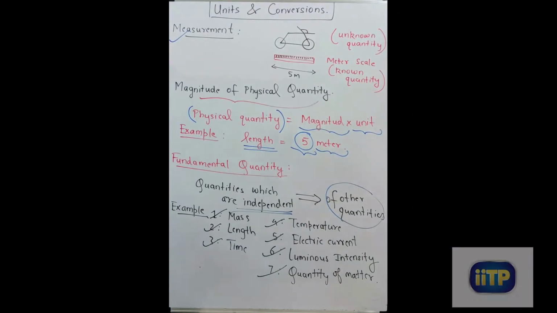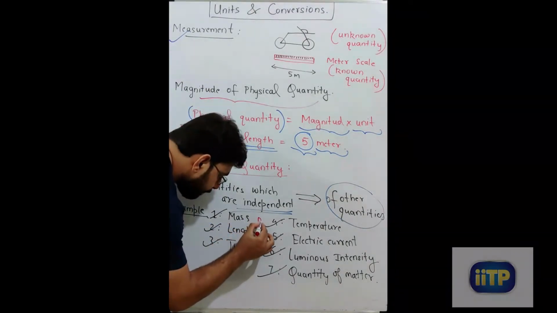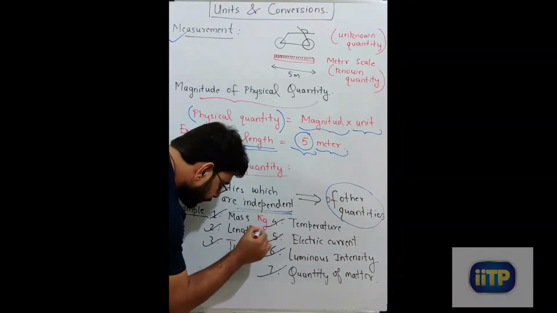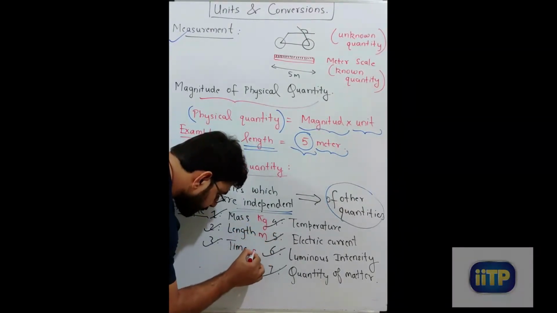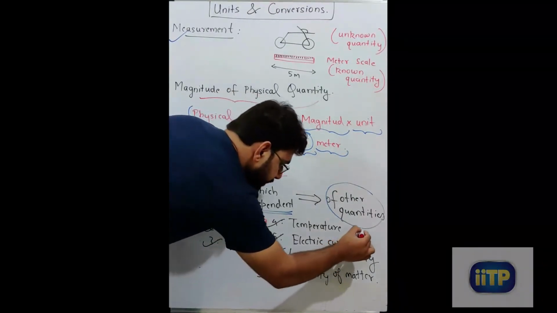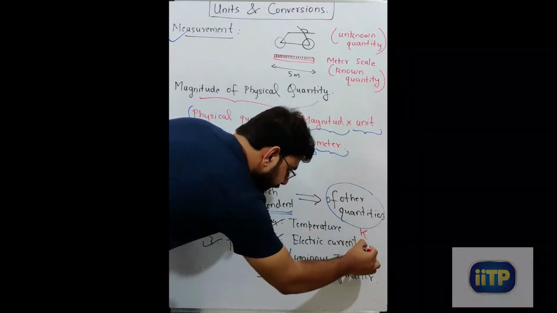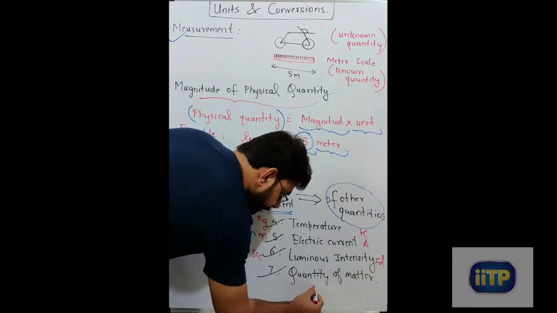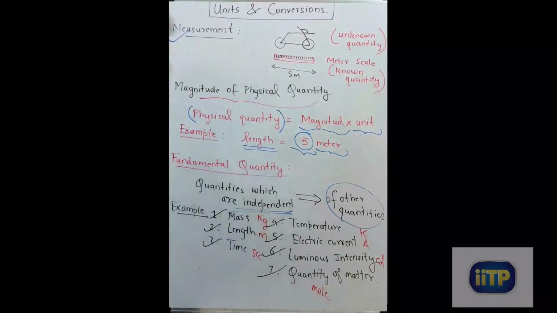So the unit of mass is kg, length is meter, time is second, temperature is Kelvin, electric current is ampere, luminous intensity is candela, and quantity of matter is mole, right?